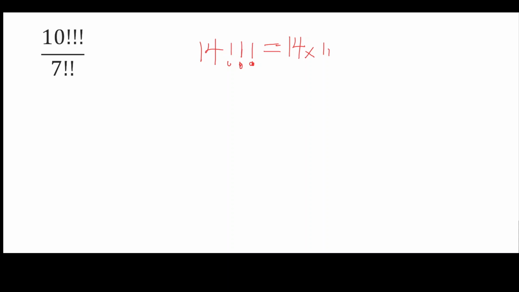So multiply by 11 now. Then multiplied by, I'm going to be taking three numbers also, that's 8. Then multiplied by 5. Then multiplied by, taking three numbers, we have 2. So I am going to be stopping at 2.